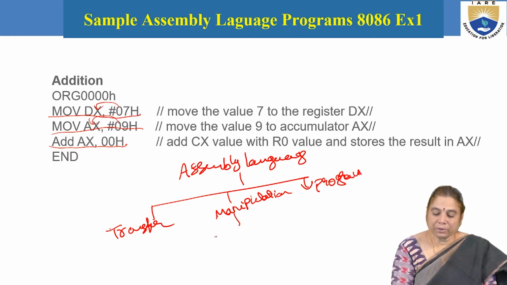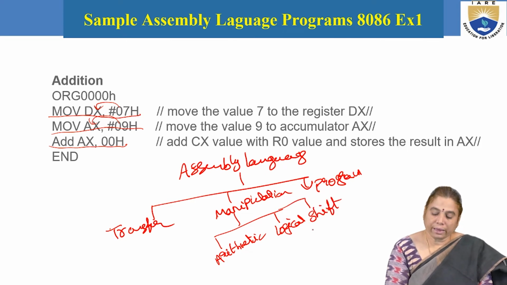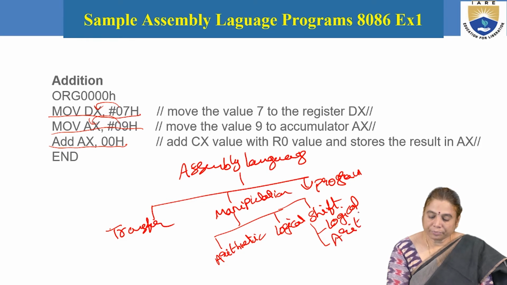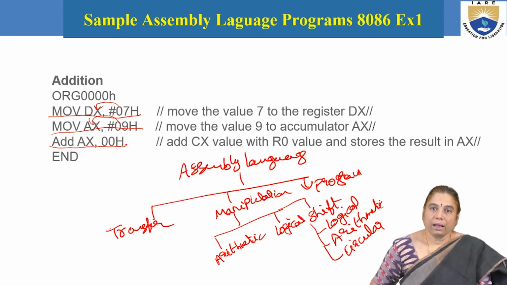Under manipulation instructions, again 3 categories: arithmetic instructions, logical instructions, shift instructions. In the shift, again 3 categories: logical shift, arithmetic shift, and circular or rotation. So these are the variety of instructions in assembly language.